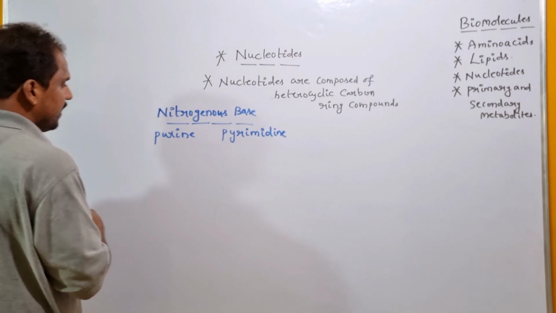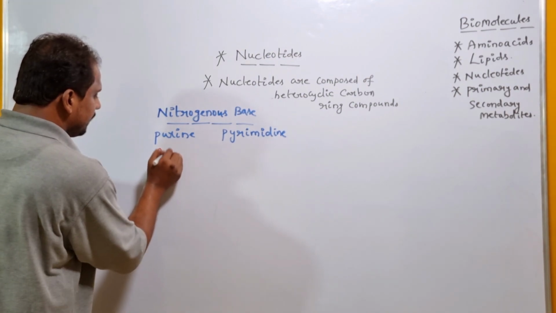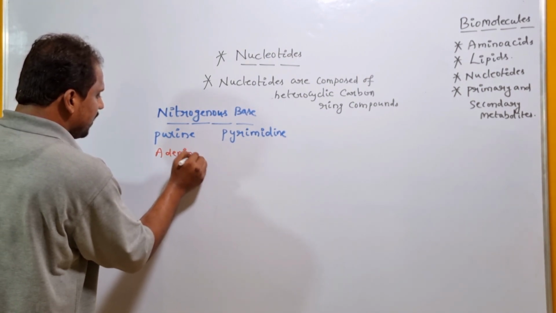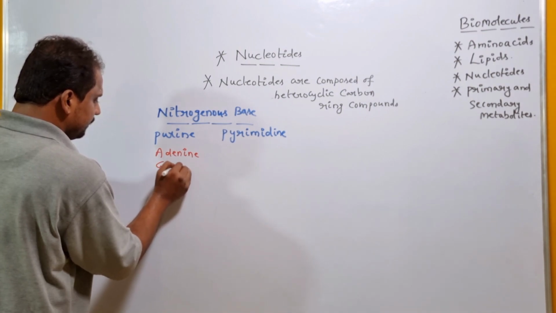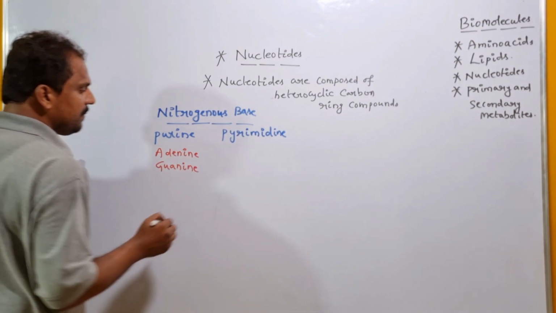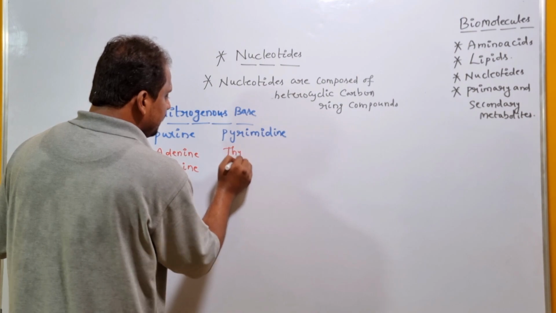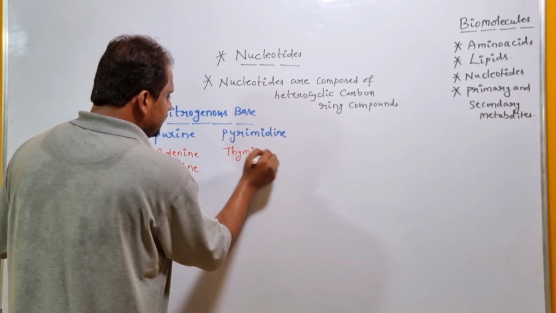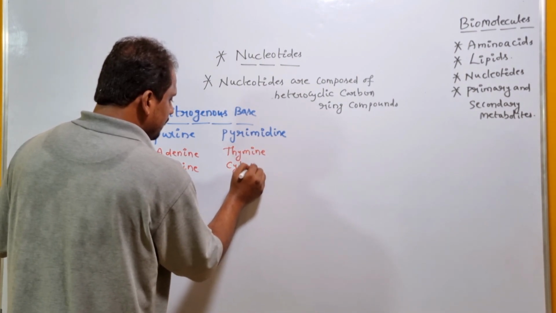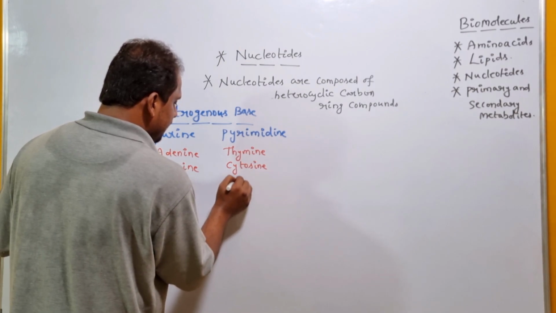Purines are nothing but adenine and guanine. In the same way, pyrimidines are nothing but thymine, cytosine and uracil.